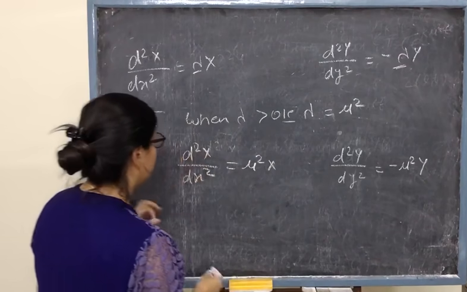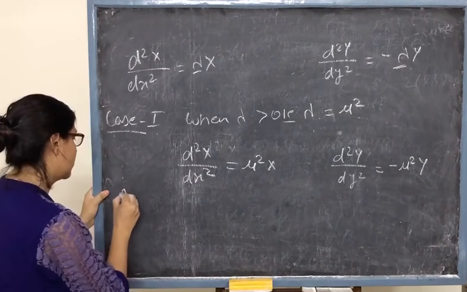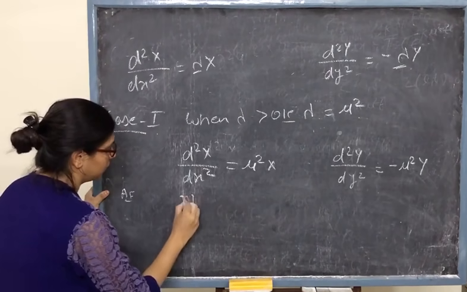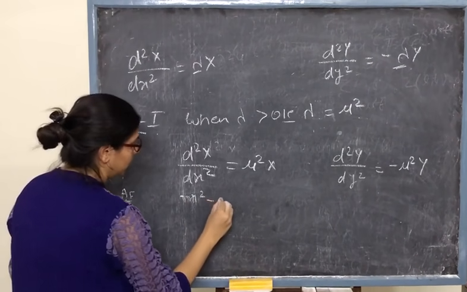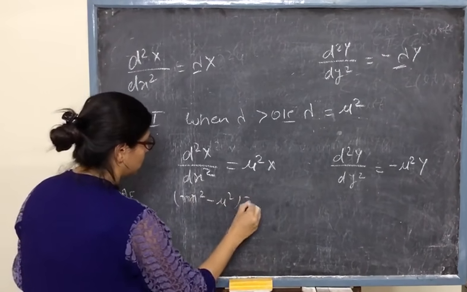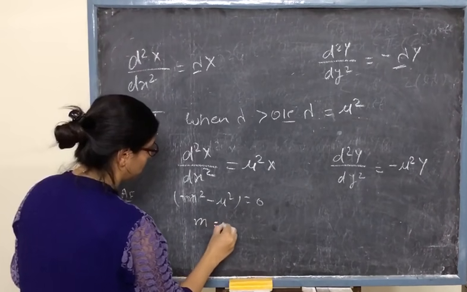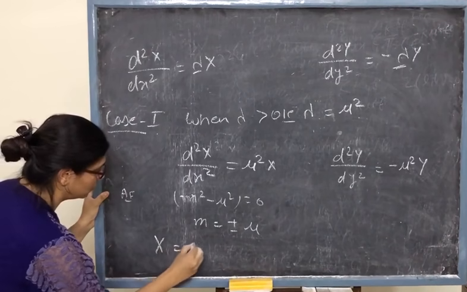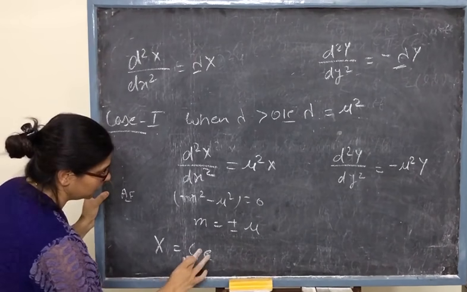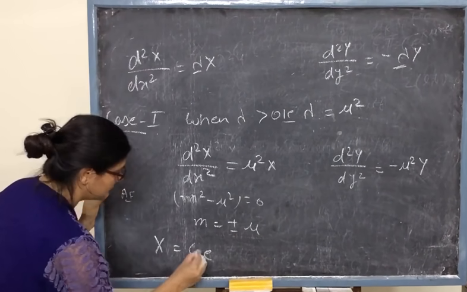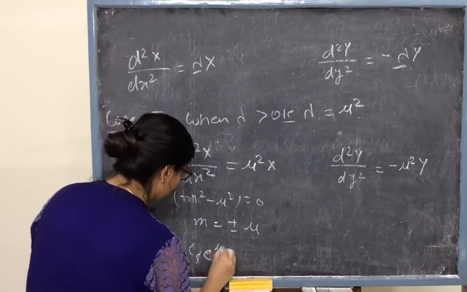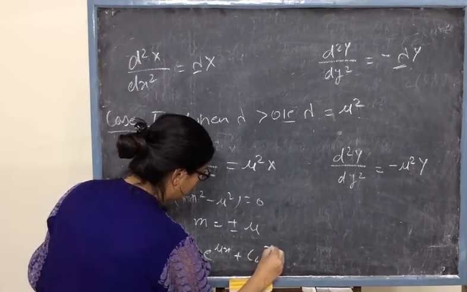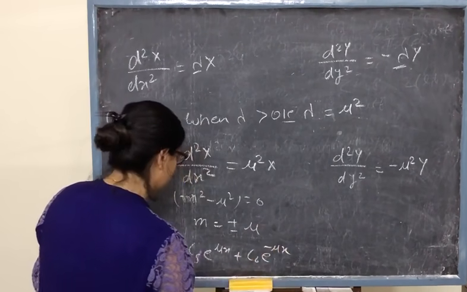Now solving these equations, the auxiliary equation for the first is m² - μ² = 0. We will get m = ±μ. So our solution X = c5 e^(μx) + c6 e^(-μx).